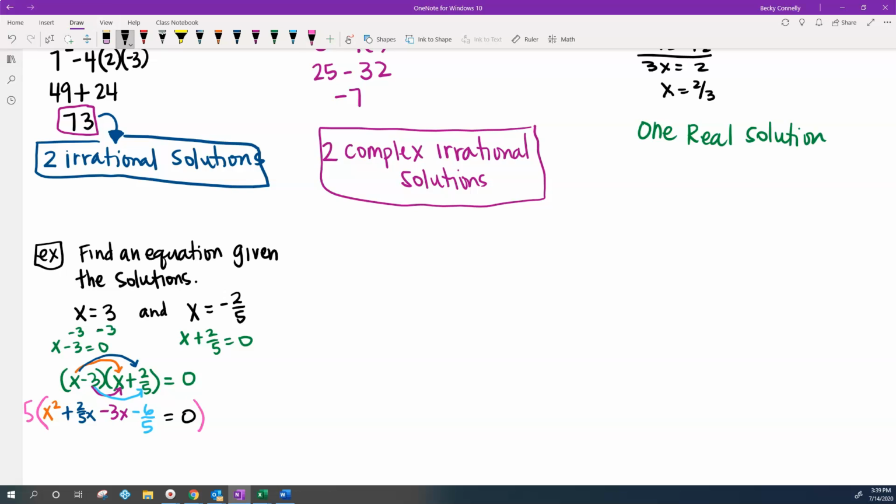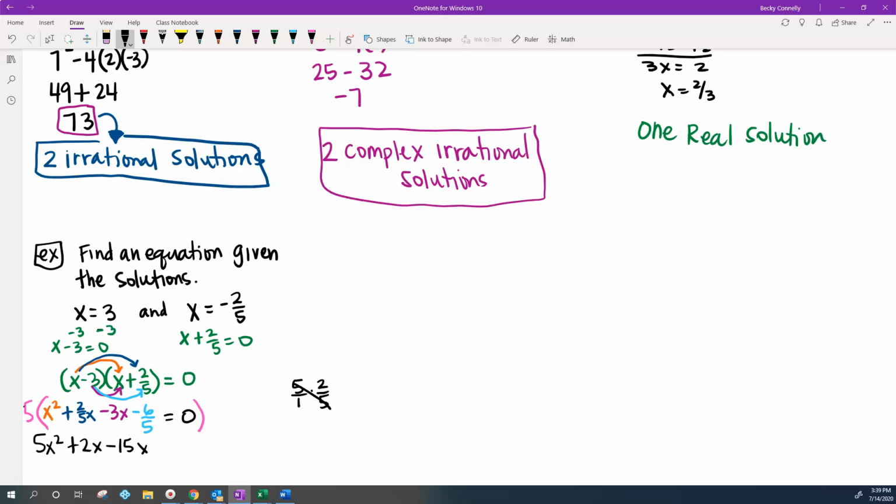Right? So that's going to give us 5x squared. And then on this next one, 5 times 2/5 x, if I do that over here, 5 over 1 times 2/5, those 5's divide out and I'm just left with that 2x. All right, and then 5 times negative 3x gives me a negative 15x. And then I can do the same thing.